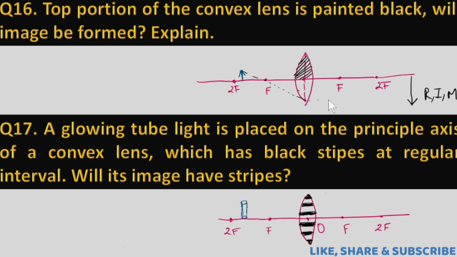It will become parallel to the principal axis. Another ray you can try drawing at any part of the lens, and this ray will not go straight, but it will be deviated. Complete the ray diagram, and this is how the ray diagram could be done.